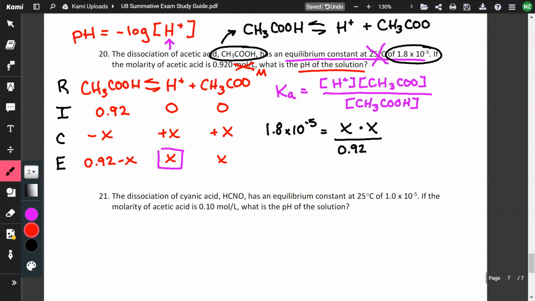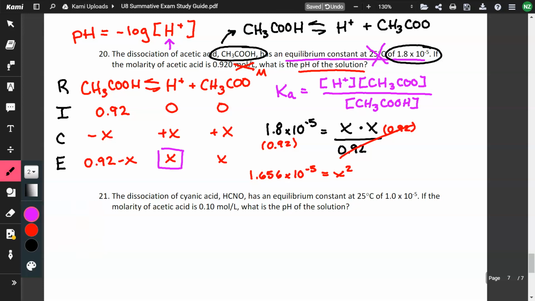So this is a lot easier to solve. Let's multiply both sides by 0.92. That'll go away. Okay, so you're going to get, let's see, 1.656 times 10 to the minus 5 equals x squared.